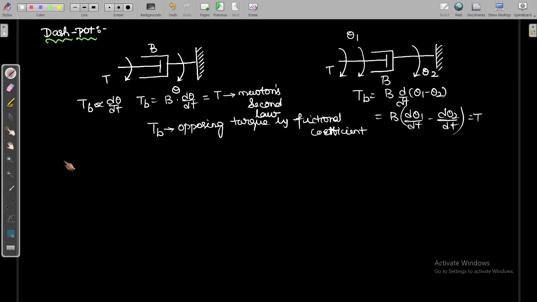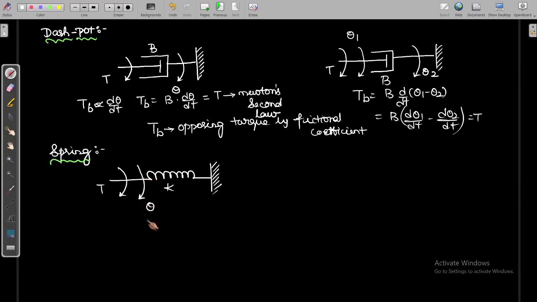Let us consider another element, a spring with a spring constant. Whenever you have the spring, there will be an opposing torque, known as the torsional torque, whenever you apply some torque to the spring. So the torque is applied here, and there will be a displacement theta.